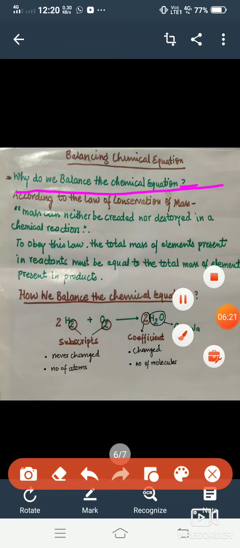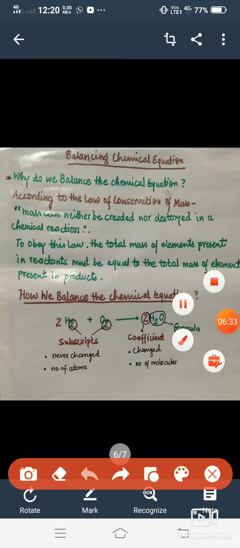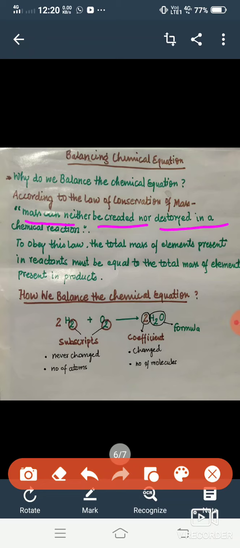I think you all must have read about the law of conservation of mass in 9th standard, and it says that mass can neither be created nor destroyed in a chemical reaction. It means mass is constant during the chemical reaction.